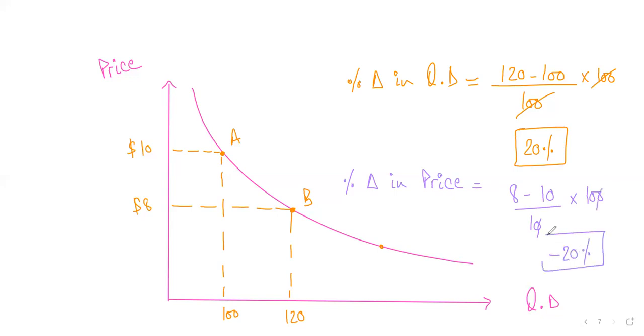So the change in price is negative 20% and the change in demand is 20%. Demand is increasing by 20% and price is decreasing by 20%. We know that PED always gives a negative value, and the overall answer turns out to be negative 1. Yes or no? This is what is known as unitary elastic demand.